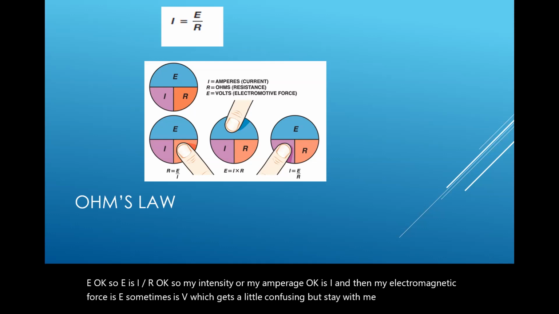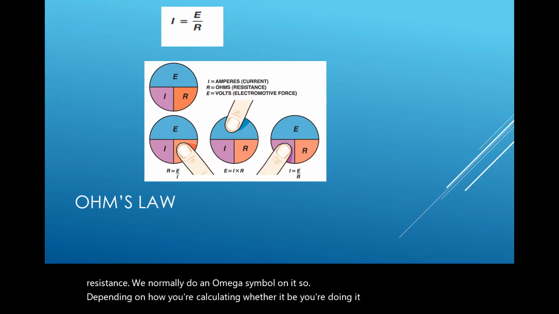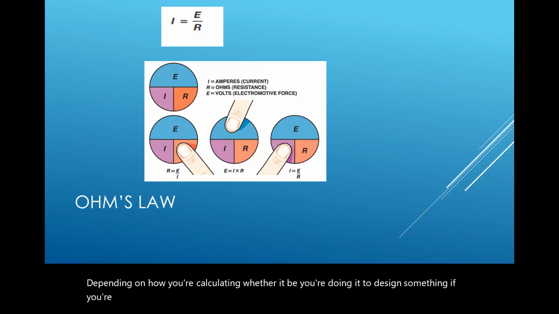And then resistance, we normally use an omega symbol. Depending on how you're calculating, whether you're designing something, if you're an engineer, you're going to use the I, E, R, but a lot of times in the automotive field we use the A for amperage, then voltage, and then the omega symbol.